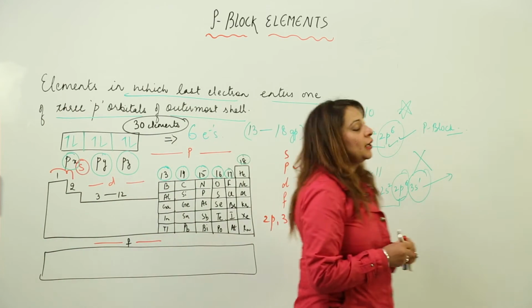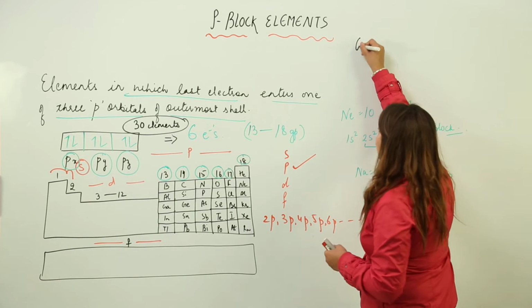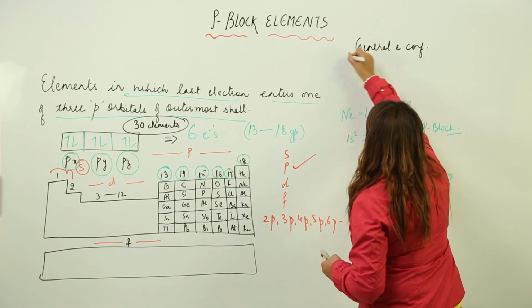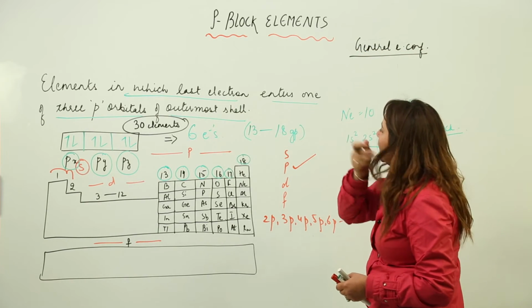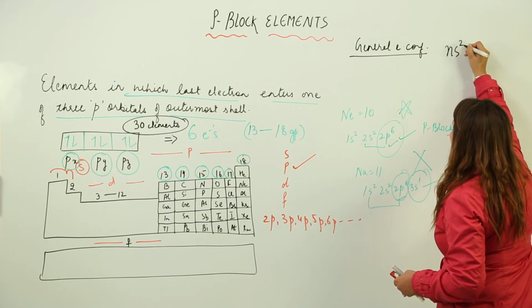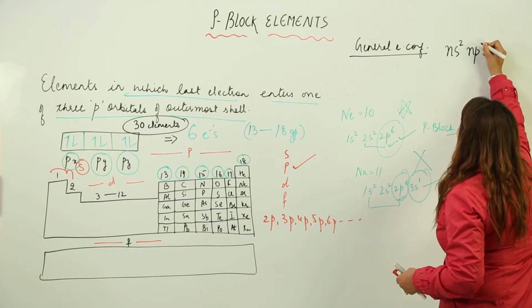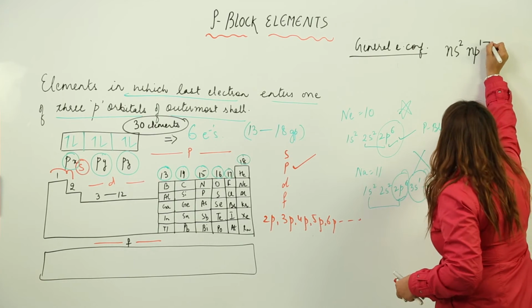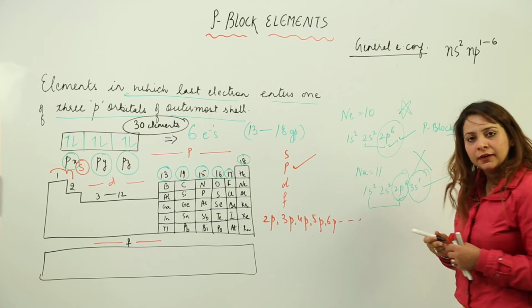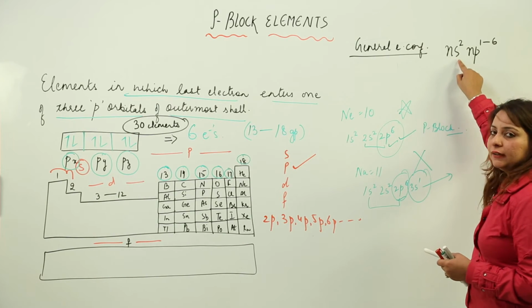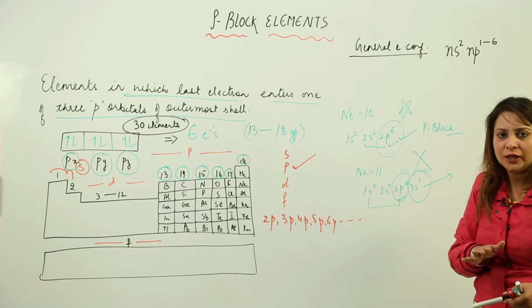Now we are going to talk about the general electronic configuration. The general electronic configuration of p block elements is ns2 np1 to 6, right? Because we know that when the s subshell is filled, only then are we going to fill the p subshell.